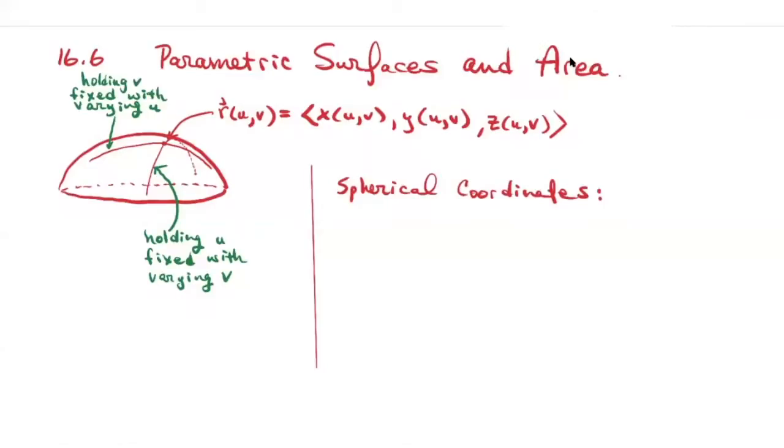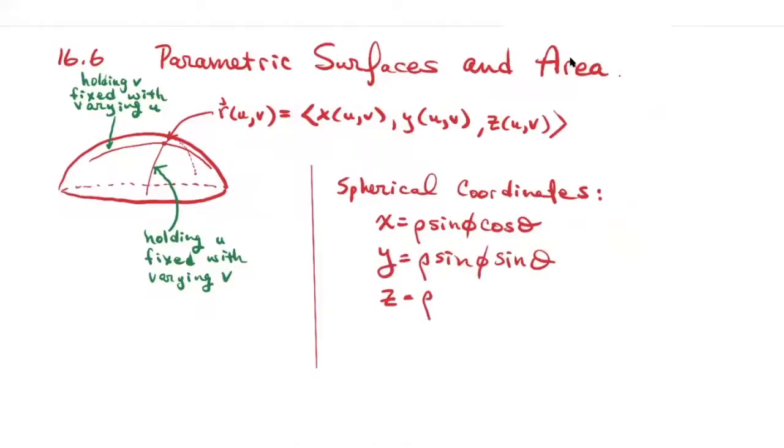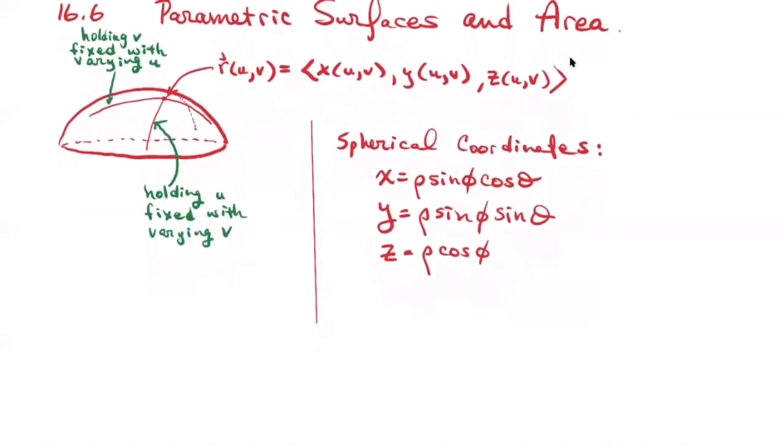Okay, x is rho sine phi cos theta. y is rho sine phi sine theta. And z is rho cos phi. And of course, x squared plus y squared plus z squared is rho squared.